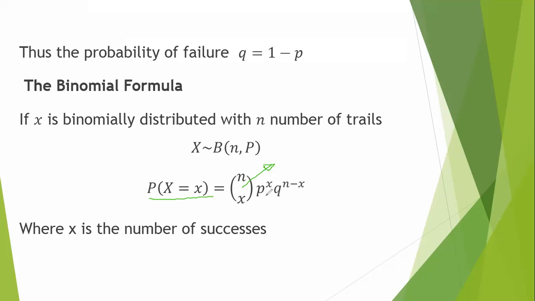And then the p is the probability of success, so it is n combination x, p to power x, then q to power n minus x. So all these variables are known except the x, which we are saying is the number of successes that are obtained. So that is simply how we find the probability of x equaling to small x for a binomial distribution.